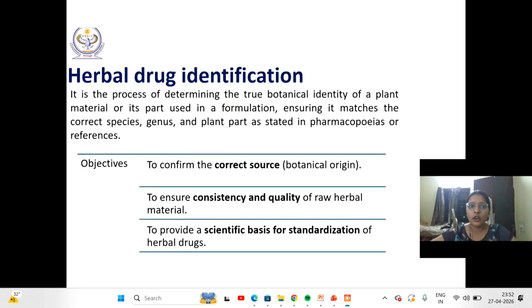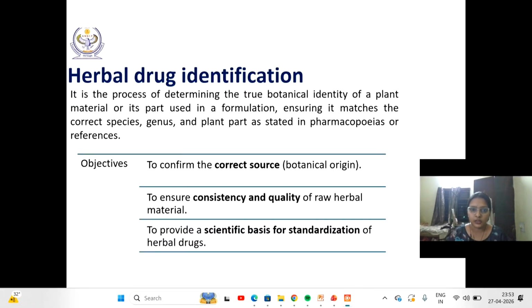Next is how herbal drug identification happens. It is the process of determining the true botanical identity of plant material or its part used in a formulation, ensuring it matches the correct species, genus, and plant part as stated in pharmacopoeias or references.